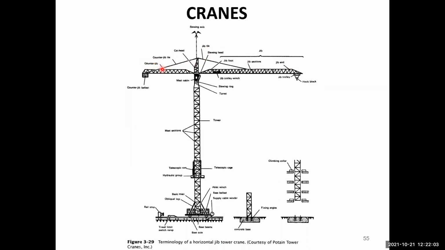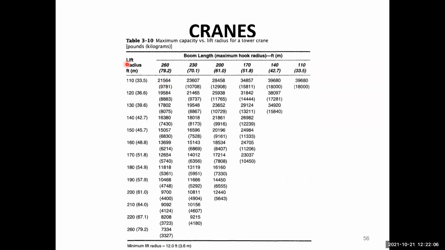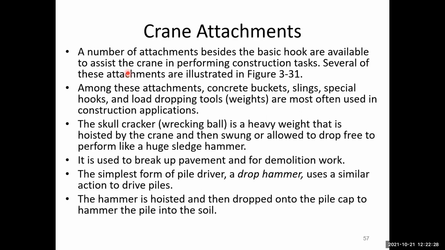As you can see, there is this boom length, that is the maximum hook radius, and then this is the lift radius. Both types of radii will be needed to find the capacity of the crane.